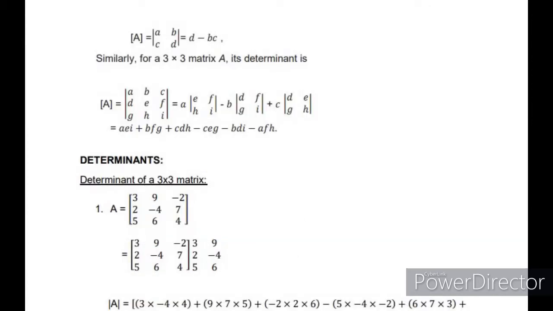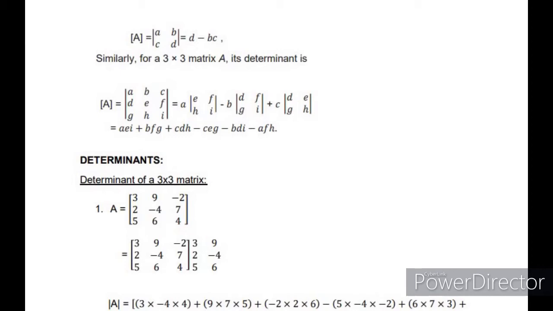Similarly, for another square matrix, which is a 3 by 3 matrix, meaning 3 rows and 3 columns, the determinant of matrix A is equal to the following. We will get the product of the first element, the element in the upper left corner, which is A, and the elements E, F, H, I. So, how do we get these elements E, F, H, I?